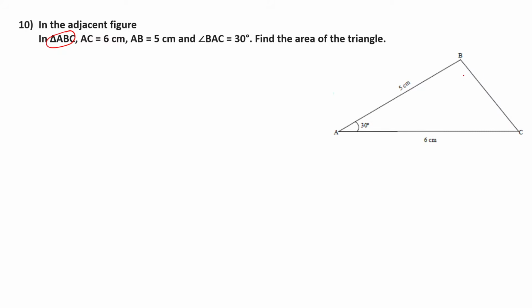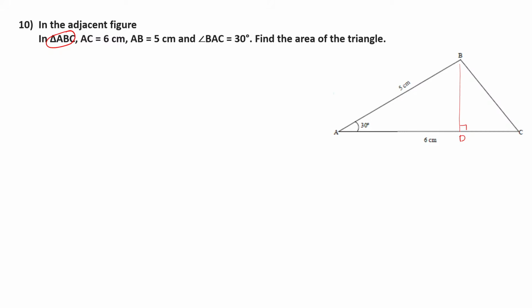Here it is, the perpendicular we dropped. Let it be BD. Now for triangle ABC, BD will be the height.